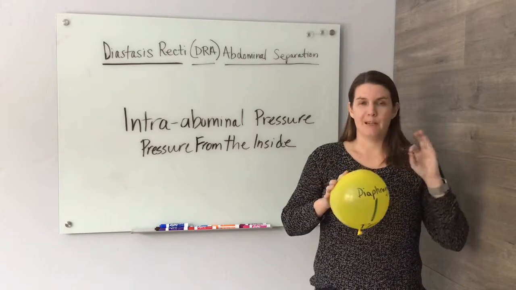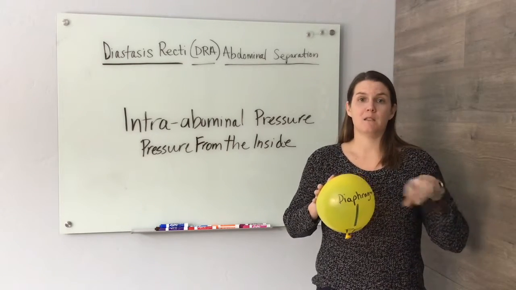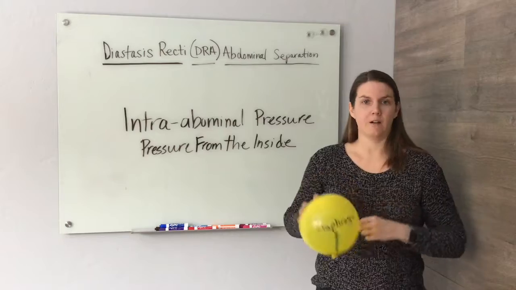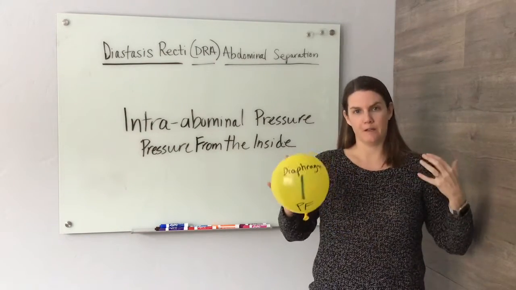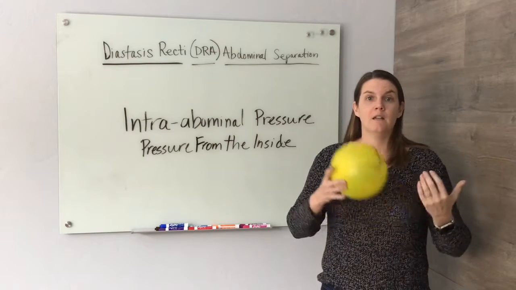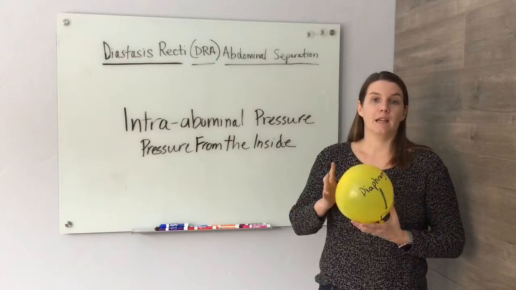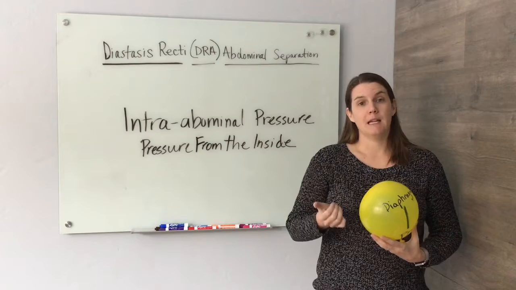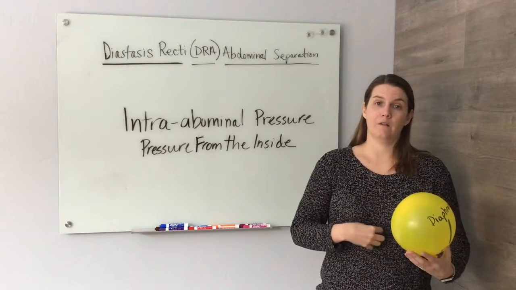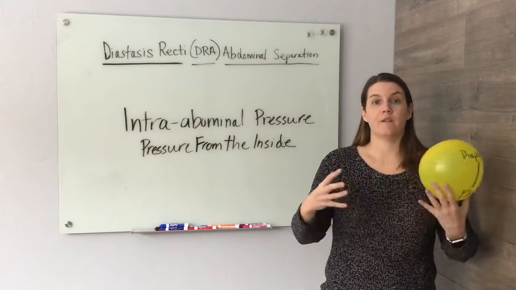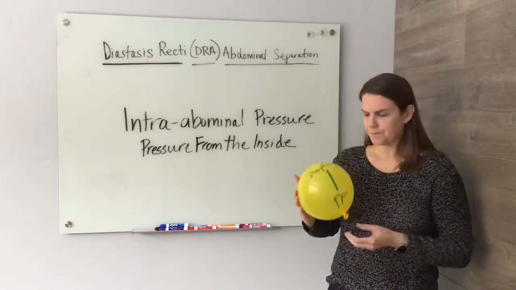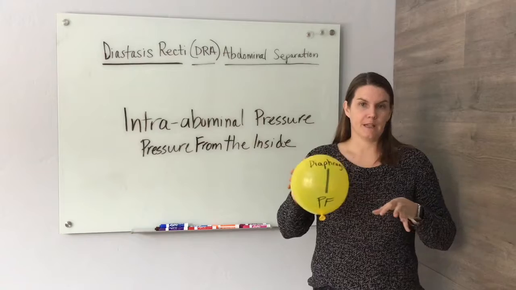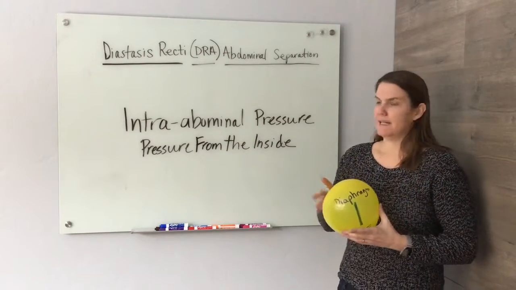You could do the best exercise in the world for 5 minutes, but if you continue the breathing pattern, that puts pressure on, pressure off, pressure on, pressure off. It's not going to help, right? Because you're not eliminating the cause of the pressure, or the cause of the force on the linea alba that's separating it.